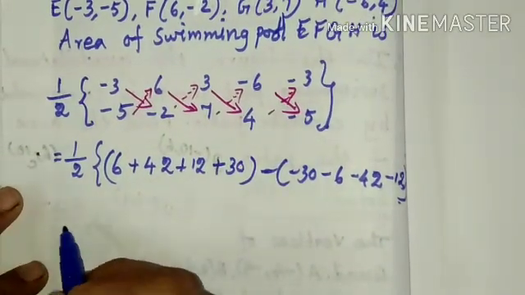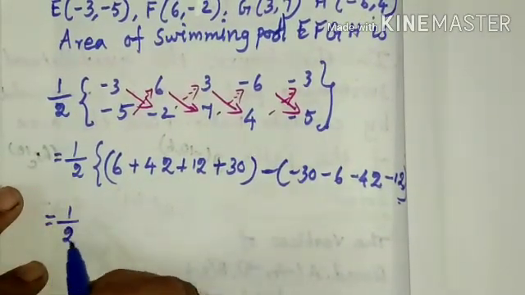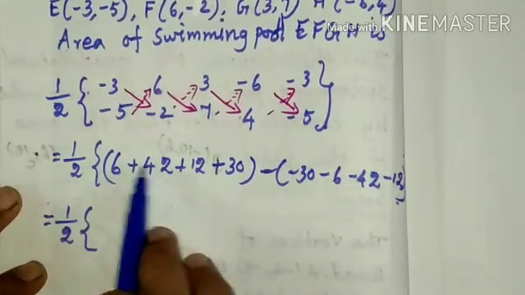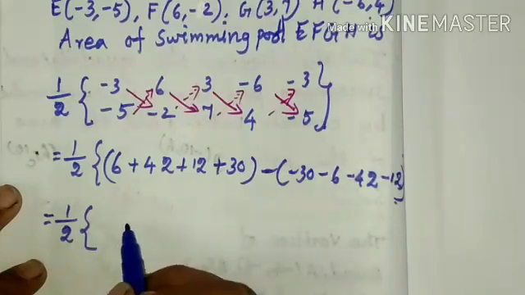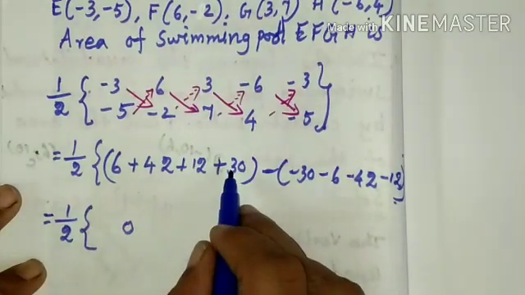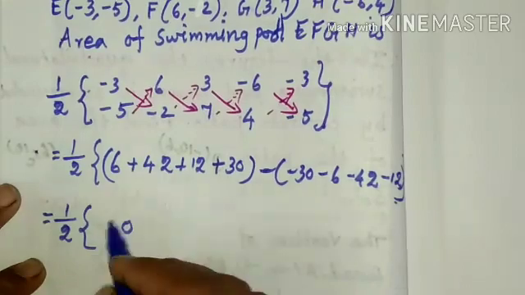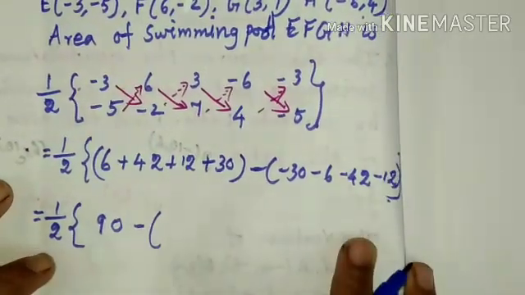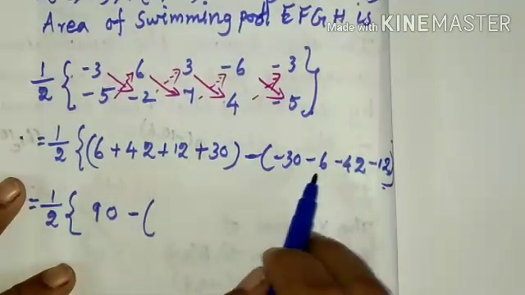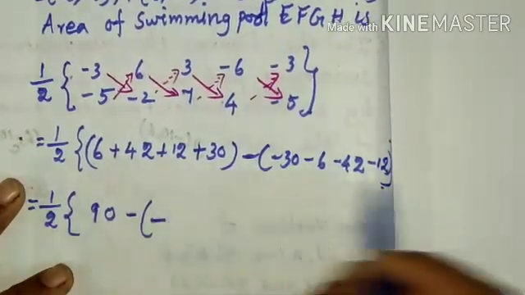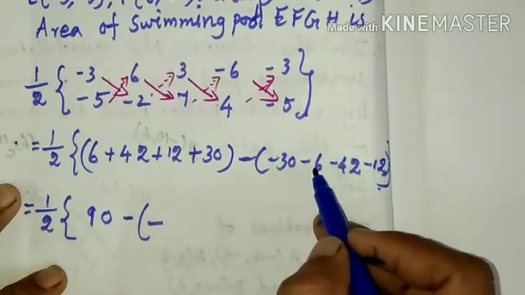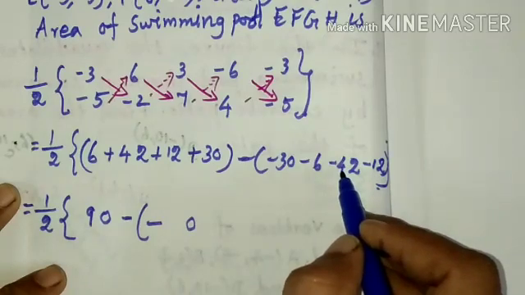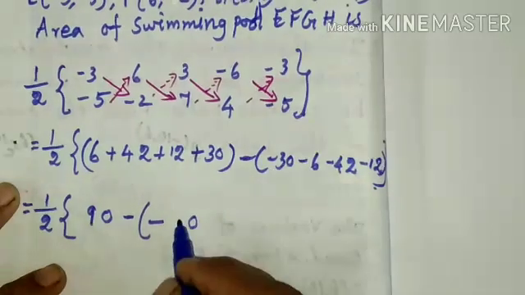Now adding this, we get half into 90, minus of, adding these numbers we have -90.